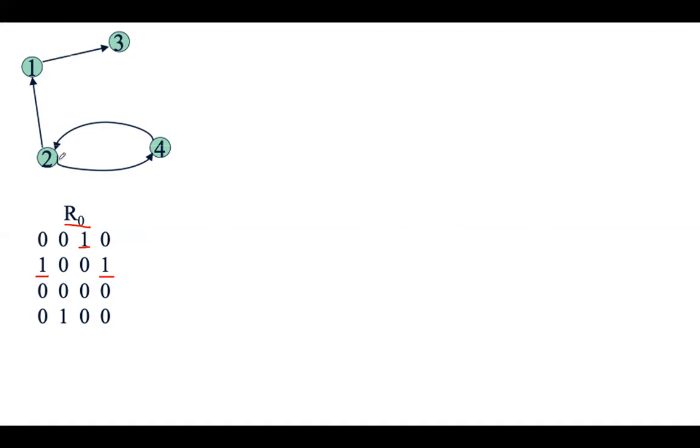We are talking about direct edges for the first adjacency matrix, so it is 1 and 1. From 3 there is no path at all to any vertex. From 4 I can reach only 2. So this is the adjacency matrix for the given graph.